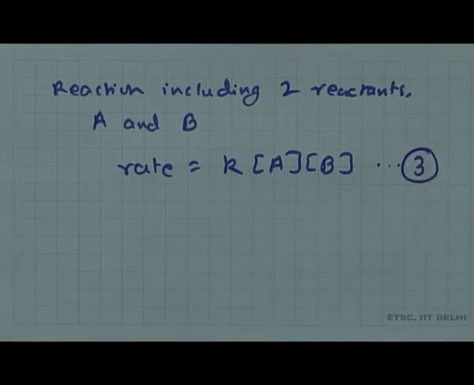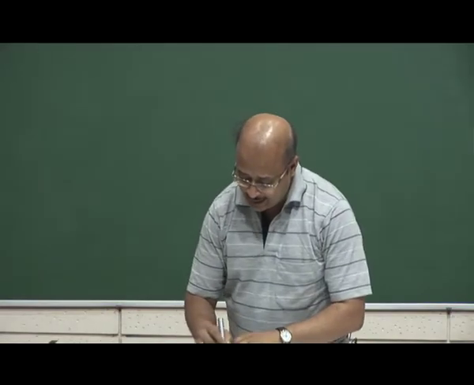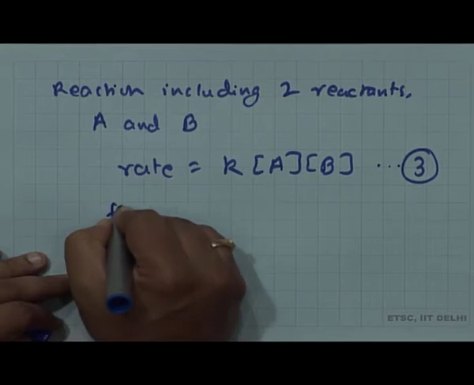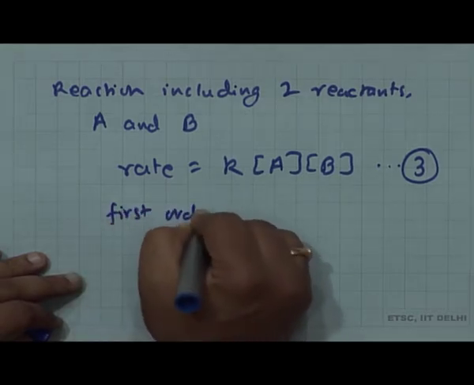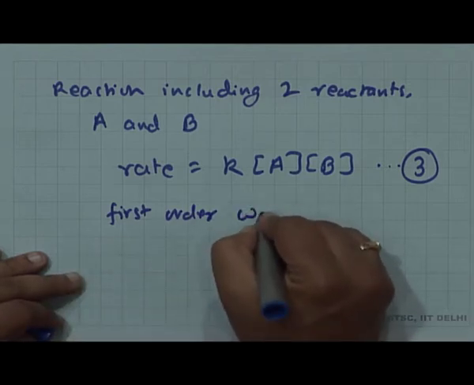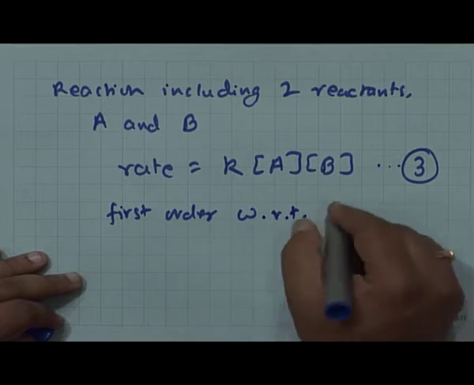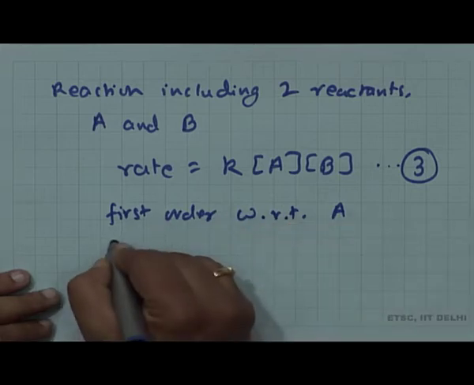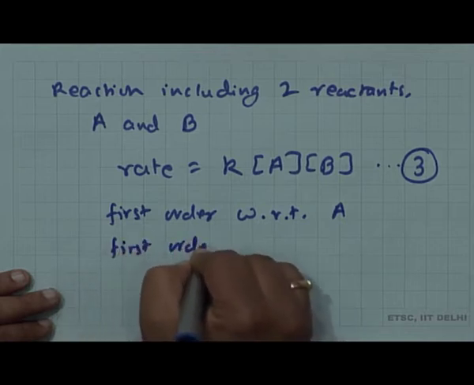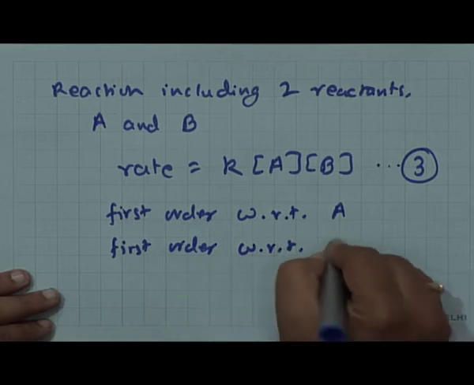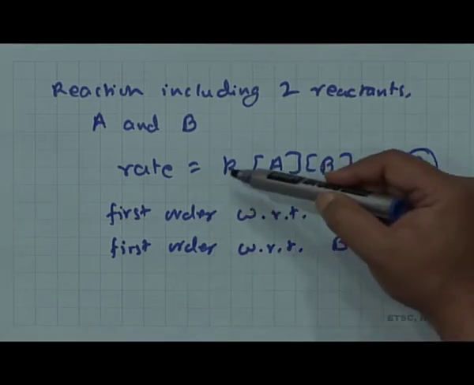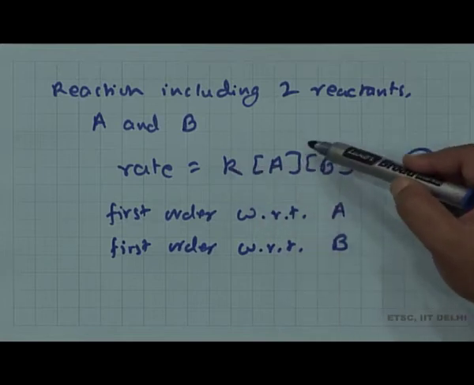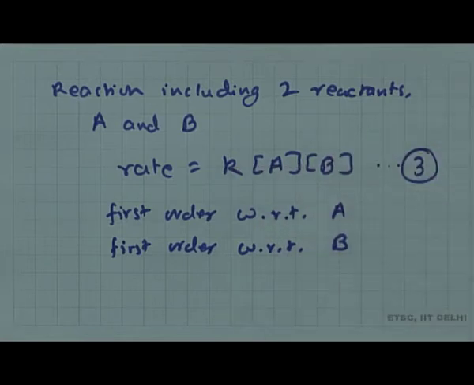Now, the way I read this rate equation is, I say that this reaction is first order with respect to A, and also it is first order with respect to B, because you see rate is equal to K, the rate constant, times A raised to the power 1, B raised to the power 1, is not it.